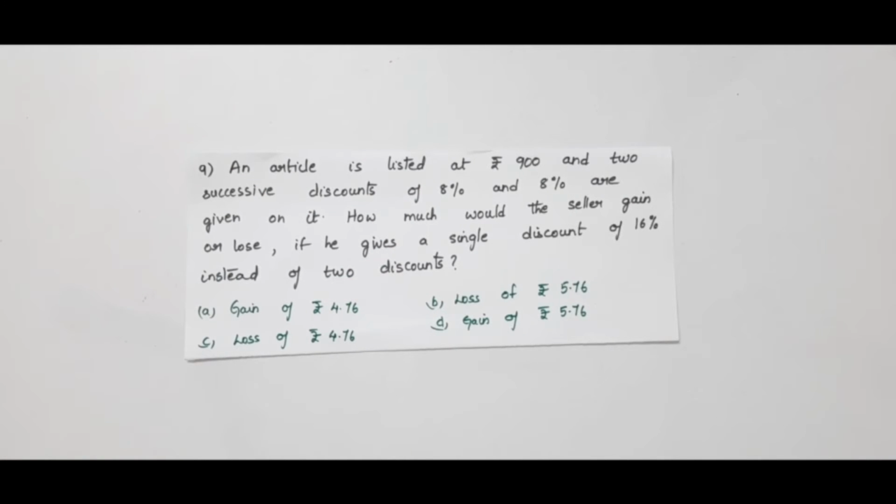Next problem: an article is listed at rupees 900. Two successive discounts of 8% and 8% are given on it. How much would the seller gain or lose if he gives a single discount of 16% instead of two discounts? The options are: option A, gain of rupees 4.76; option B, loss of rupees 5.76; option C, loss of 4.76 rupees; option D, gain of 5.76 rupees.